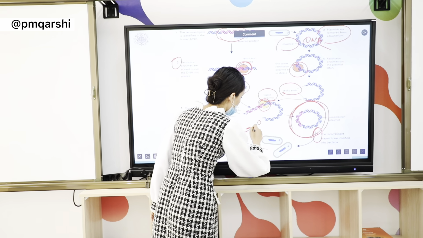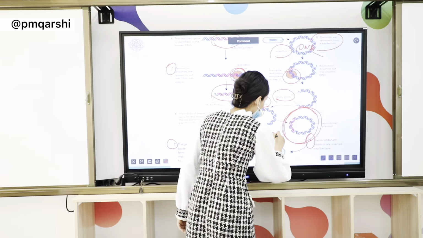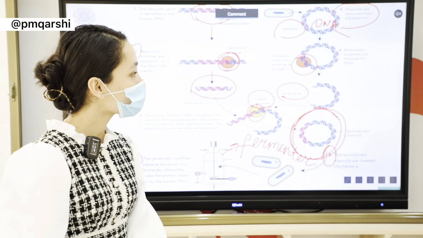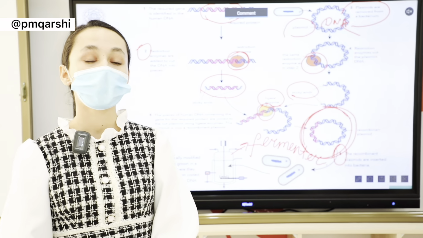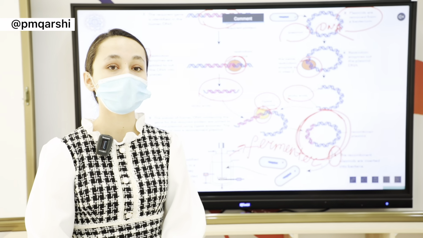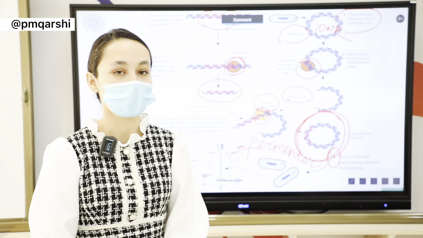This is the fermenter. Now I have explained genetic modification, the process of how genetic modification is done with microorganisms.